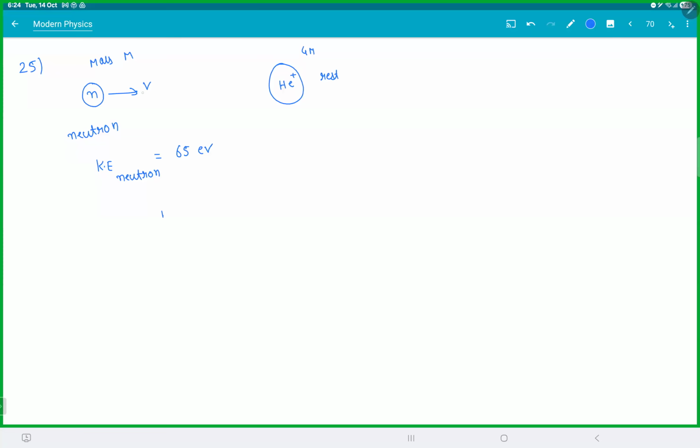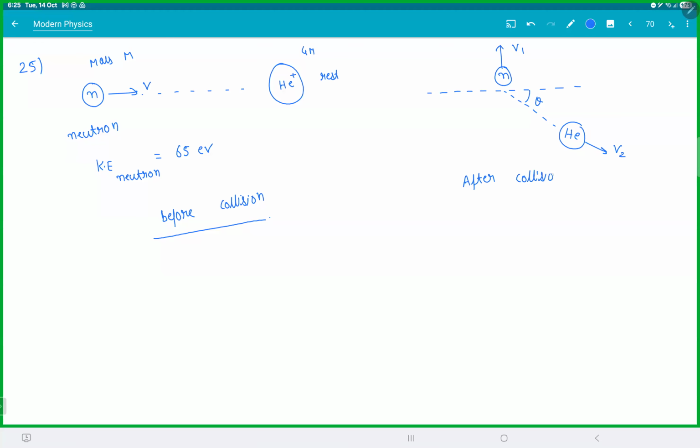This is the picture before collision. After collision, this is the line of collision. The neutron went away perpendicular to the line of collision, and the helium ion started going like this at some angle theta. It's an oblique collision. They flew off at angles. This is the picture after collision.